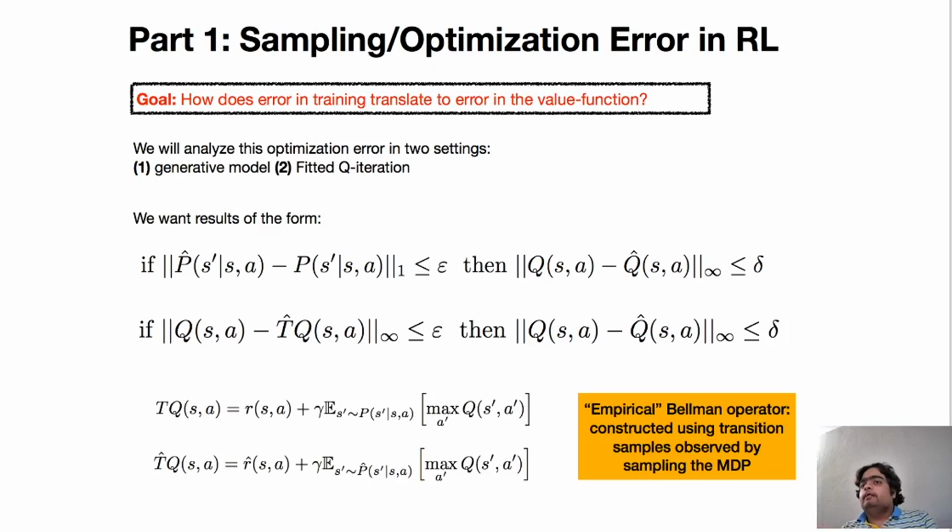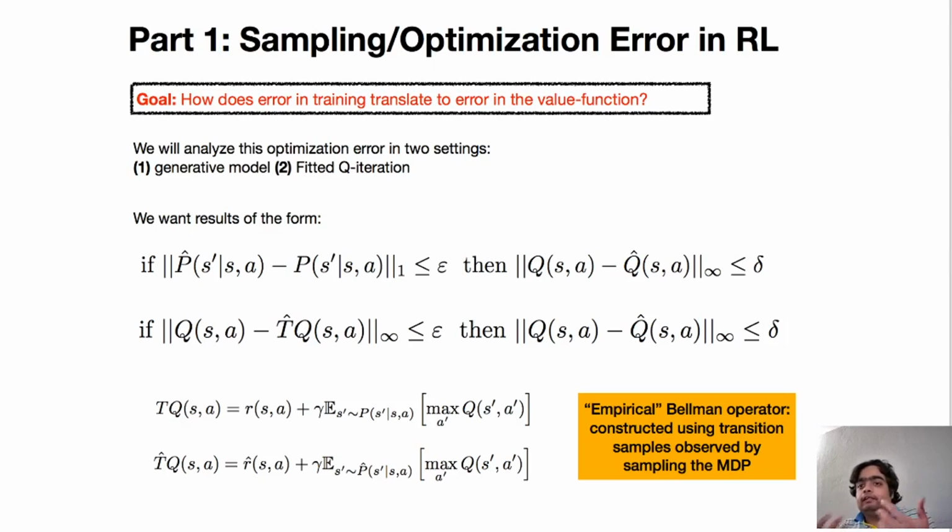Now, what is this empirical Bellman operator? It is essentially the same as the original Bellman operator, except that the reward function and the dynamics model are estimated using samples. So you use p hat in the expectation over the next state, and you observe r hat, which is, let's say you saw a state action pair n times, then you're averaging over the different reward values you got.